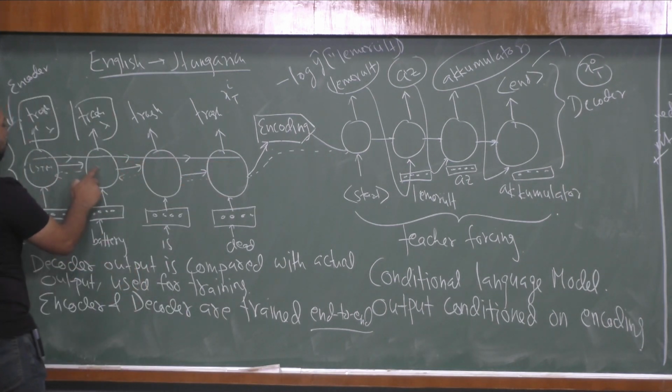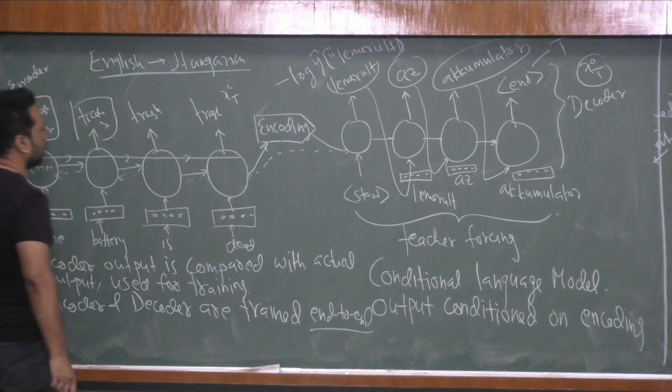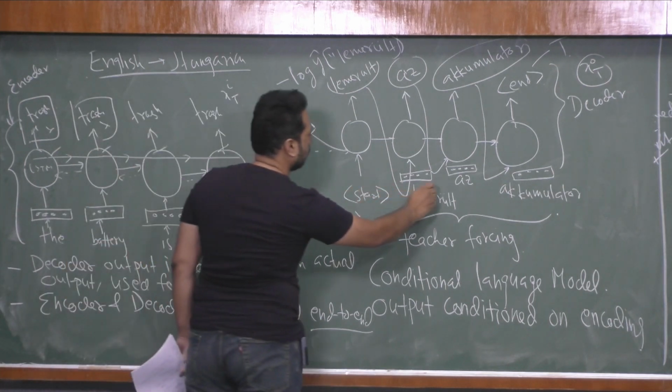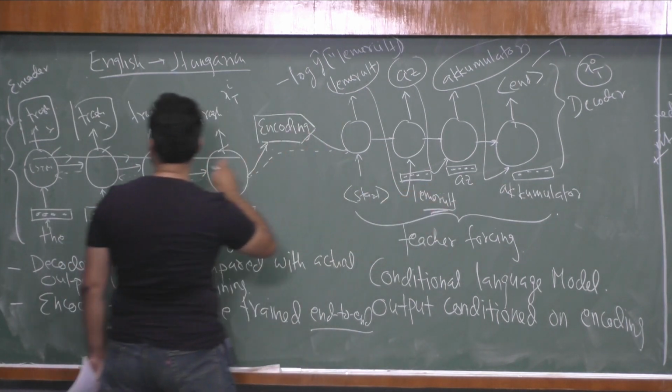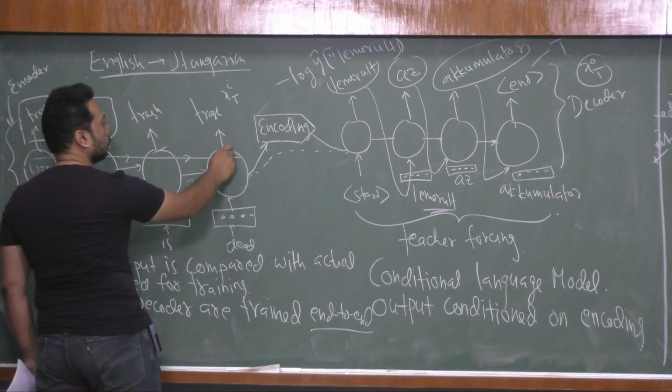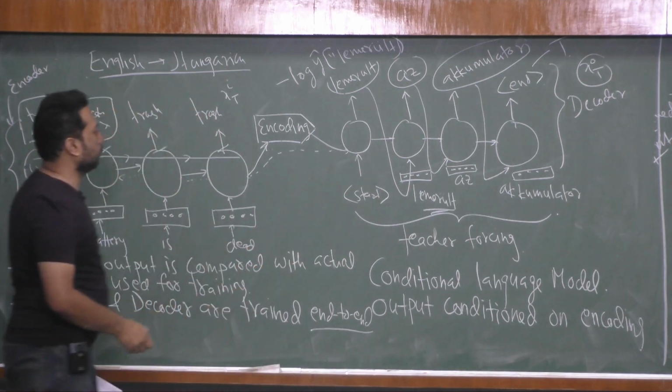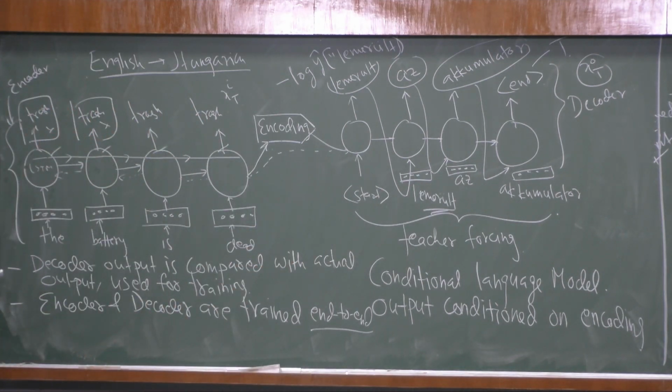Why do you wait for this to get updated and then use it at the end? Why can't I use this directly here as an input? Similarly, why can't I use this directly to produce the second word of the sequence in the translated sequence? So that's the idea of attention. So that's where I will go next.